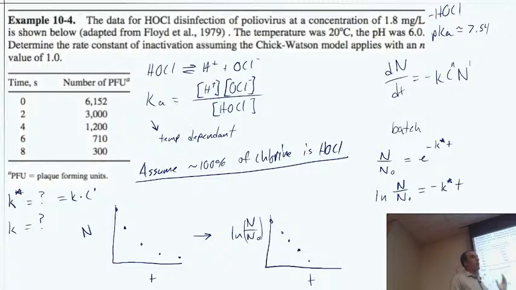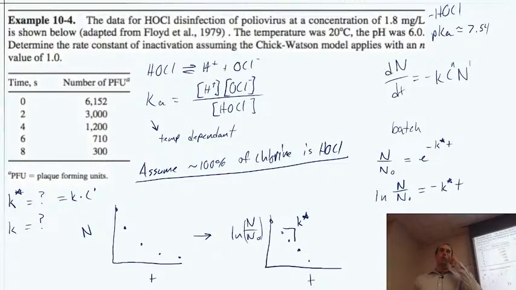So then our task would be to linearize it. We learned earlier, take the natural log of N over N naught to get it in the minus k star t form. Then we can plot that in Excel or a graphing calculator or something. And this slope should be our k star.